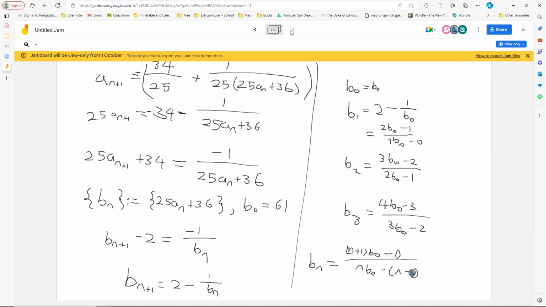And the good thing about sequences like this is that once you have a conjectured answer that you're pretty sure holds, you can just prove it by induction. Check the base case, which we've checked, it works for the base cases. Then just sub into your formula, and if you do the algebra, it works for n plus 1 as well. So this is our general formula for b of n. That's good.